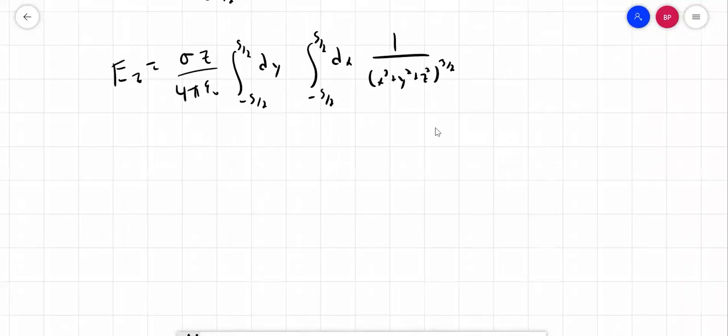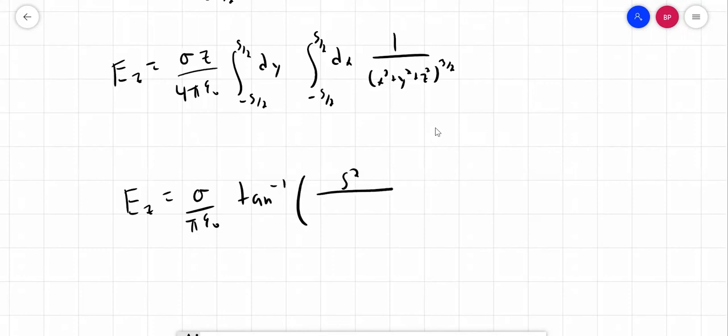And so what you get if you do that integral though, is you get sigma over pi epsilon naught times the arctan of s squared over 4z square root of s squared over 2 plus z squared.